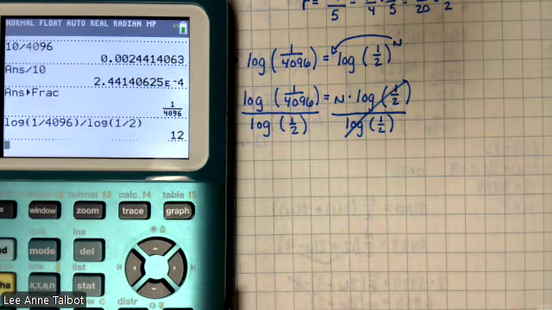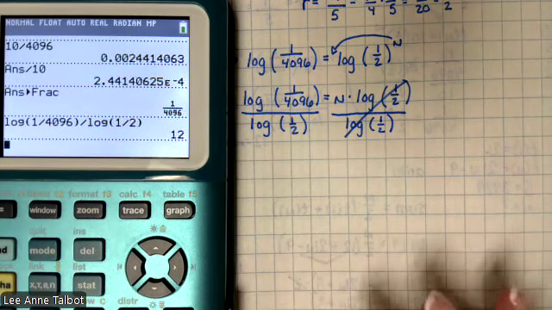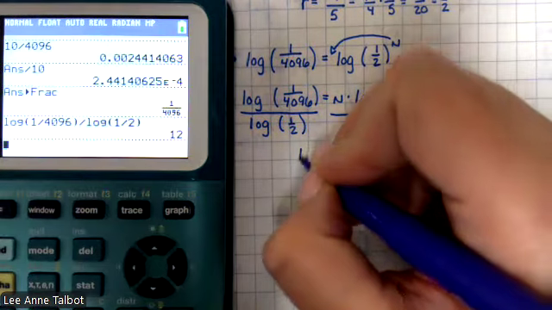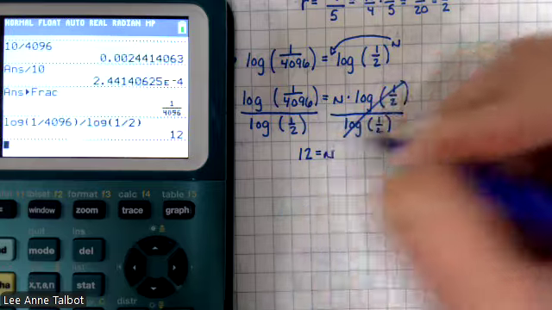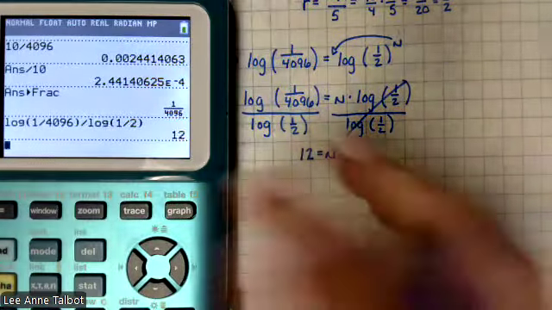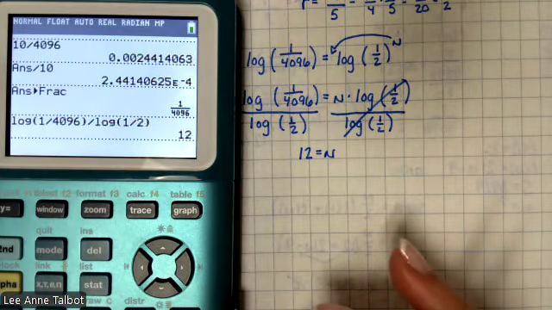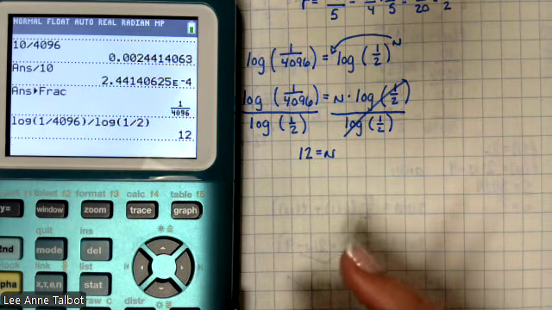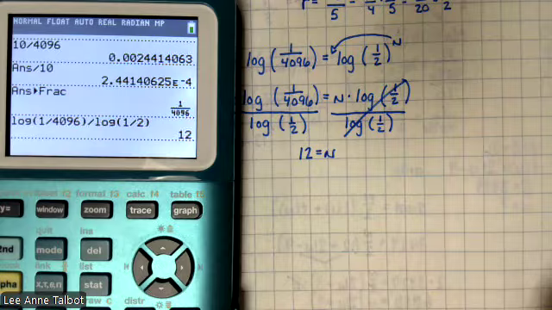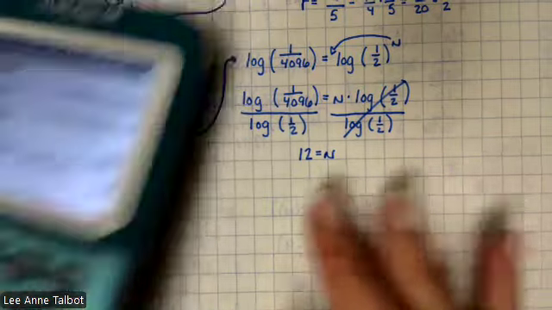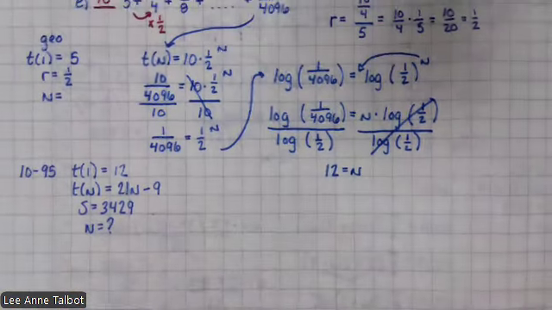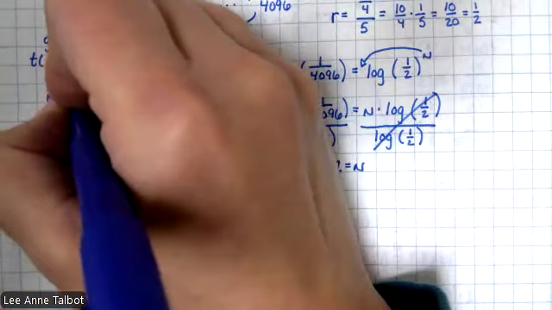Like, remember when you guys were doing those problems with the solving for A and I told you it was a whole number and you're doing the test or quiz and you're like, moment of truth, is it a whole number? That's your moment of truth right there. Okay, so n is 12.